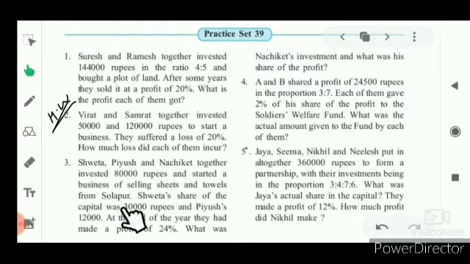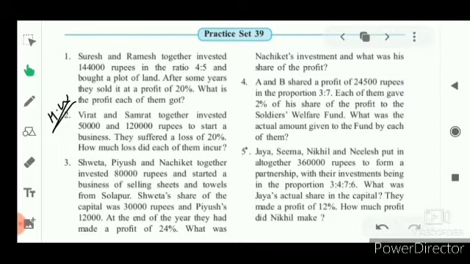Shweta's share of the capital was 30,000 rupees and Piyush's share was 12,000 rupees. Here Shweta's investment is given as 30,000, Piyush's investment is given as 12,000 and the total amount is 80,000. Nachiket's investment is not given, so first of all we have to calculate the investment of Nachiket.